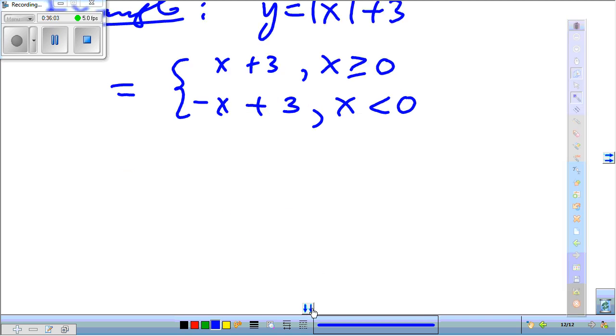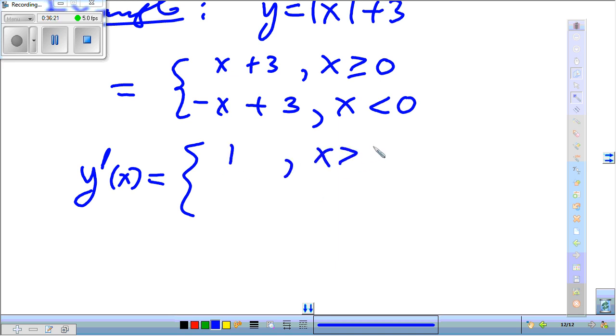So we have the piecewise parts. And if we look at the derivative, if we stay away from the splice, we would see a derivative of x being 1.